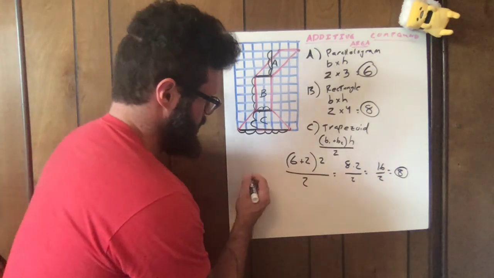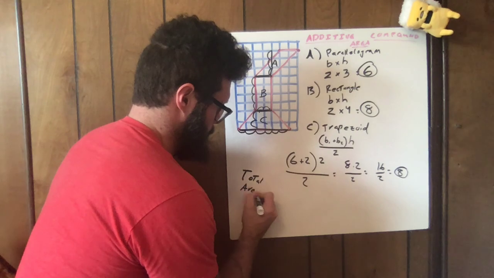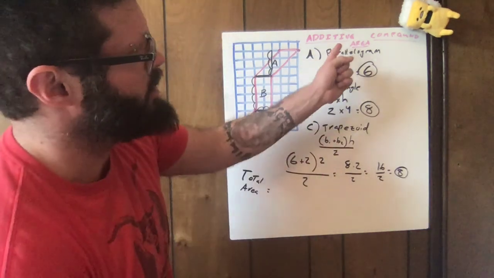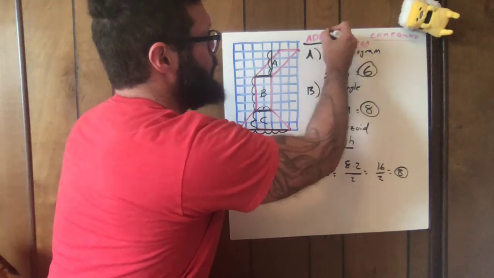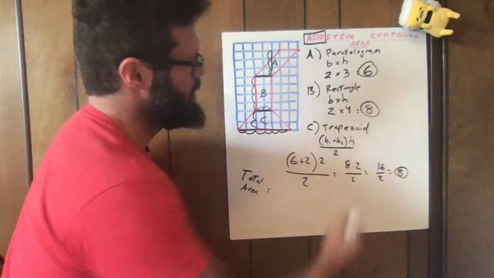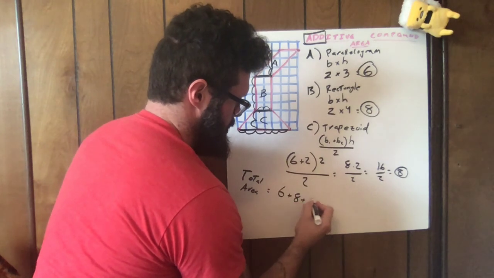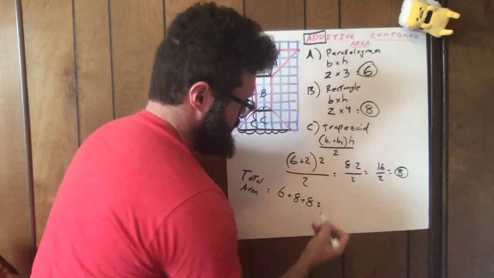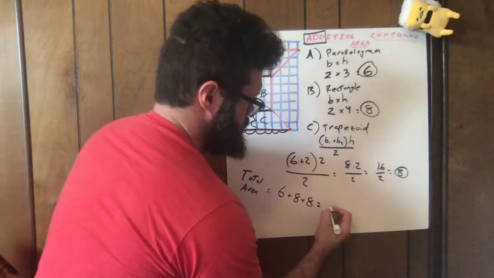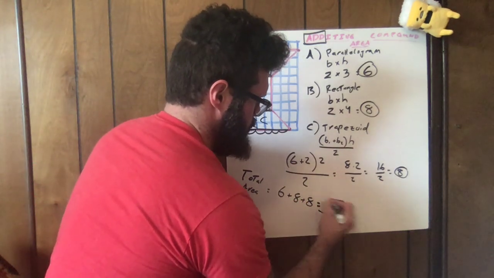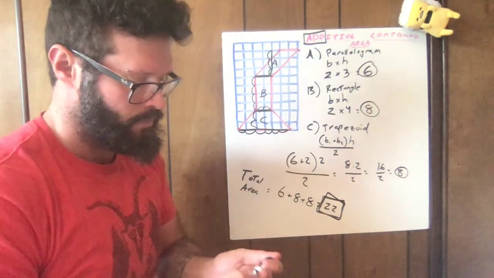So the total area, in this case, we also call it the additive compound area because we are adding them. 6 plus 8 plus 8. Oh, why is this hard math? 8 plus 8 is 16. 22. I knew that. Ta-da! Shazam.